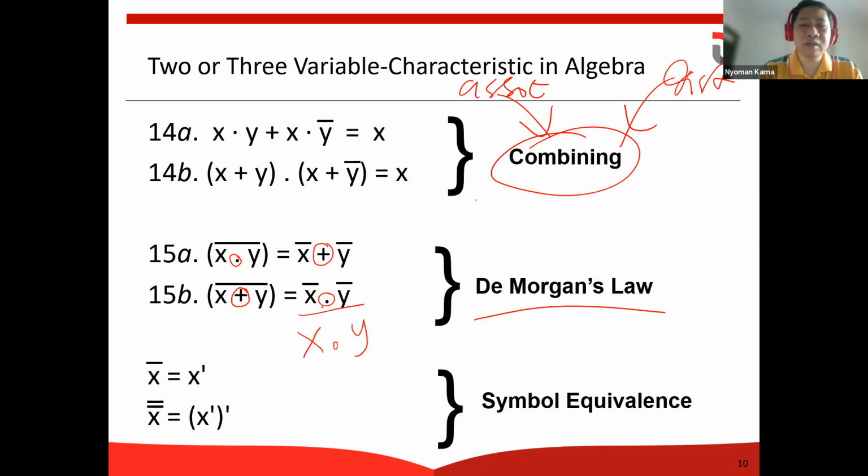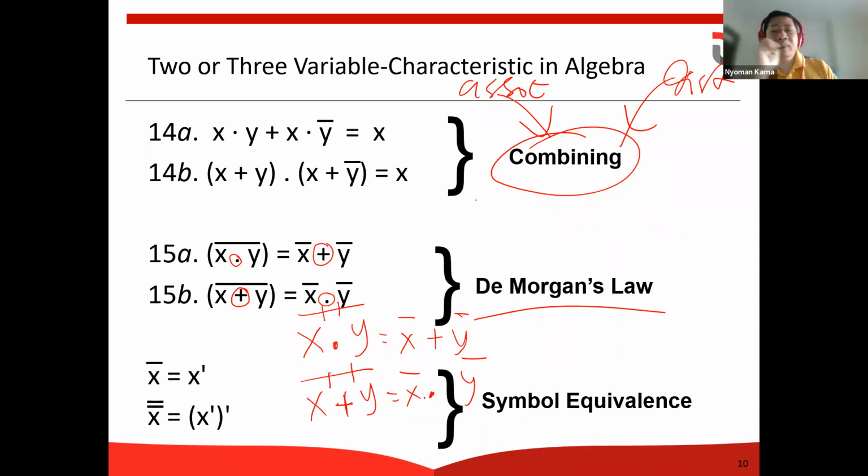It's similar to breaking this bar to become x bar, y bar, but this will become plus. Just like 15b, x plus y inverted, we're going to break this one, so it will become x bar and y bar, but this plus will become multiplication. That's De Morgan's law.